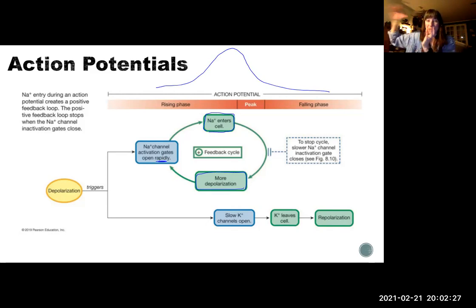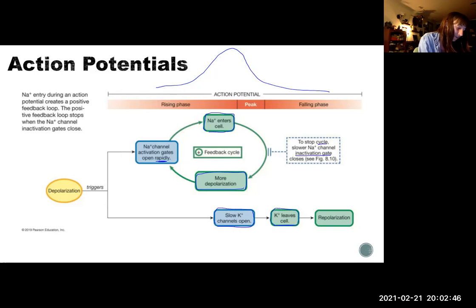Once that signal has passed, to stop the cycle, the inactivation gate of these sodium channels closes to no longer allow sodium to rush in. The potassium is allowed to leak out.